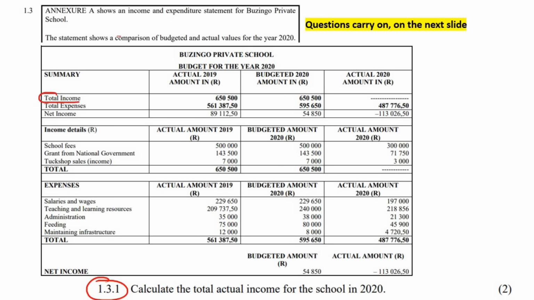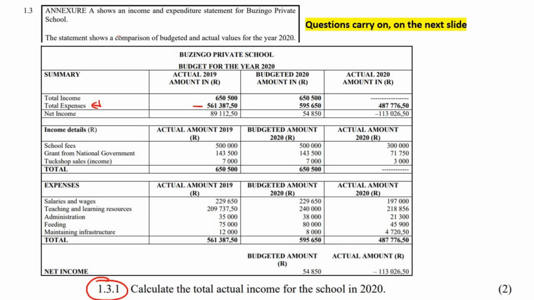If you have a total income of 650,500 and then your expenses are 561,000, then if you just subtract these two from each other, or if you say this one minus that one, because this one is an expense, it's money going out, then that should give us this number, which is your total profit that the school makes for that particular year.